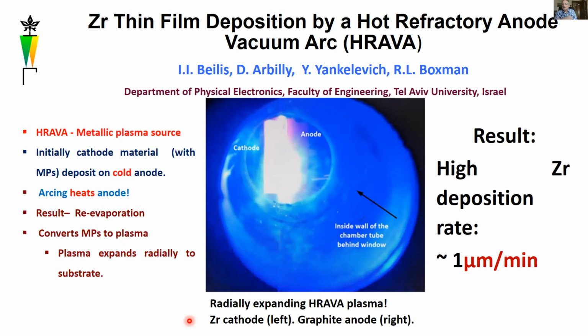The plasma expands radially to the substrate and deposits on the substrate with a deposition rate of about 1 micron per minute. So, okay, thank you very much.